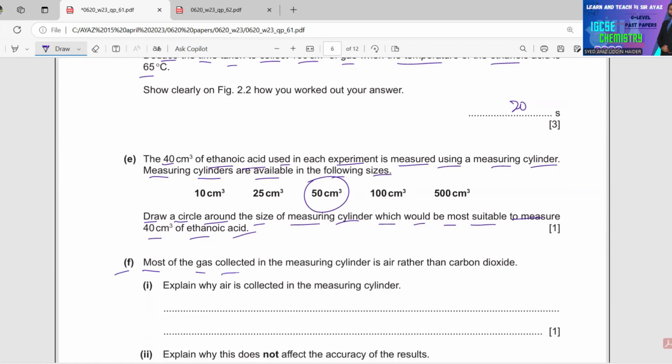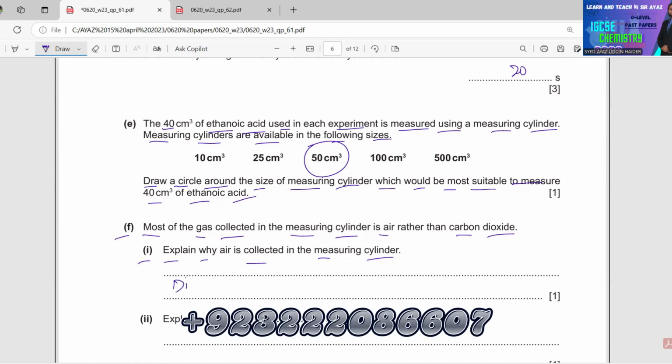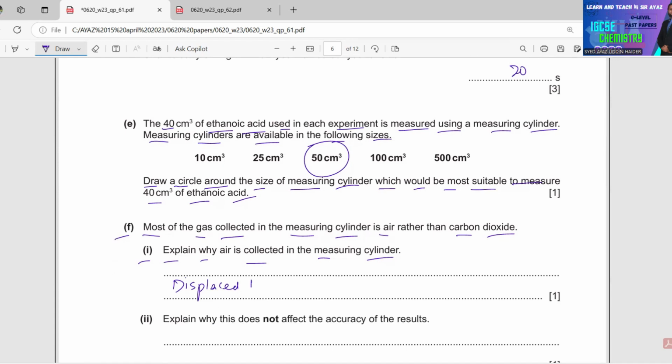If most of the gas collected in the measuring cylinder is air rather than carbon dioxide, number one, explain why air is collected in the measuring cylinder. Because air is pushed out of the flask by carbon dioxide. You can write displaced by carbon dioxide. Part 2.